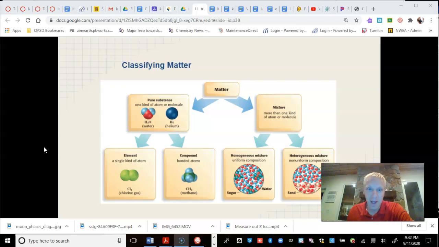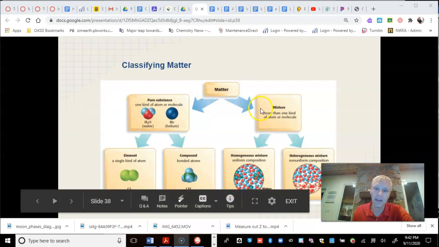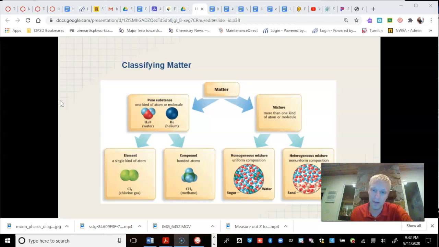So, what we got going on is classifying matter. Right here is a nice little PowerPoint that separates matter into specific groups.